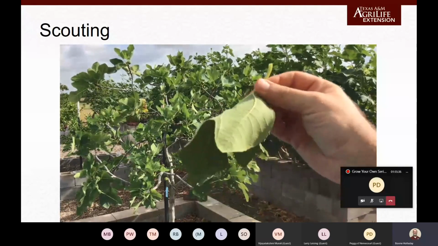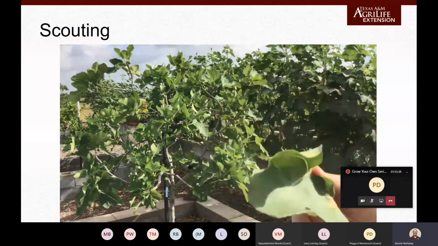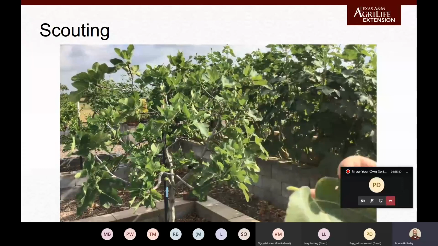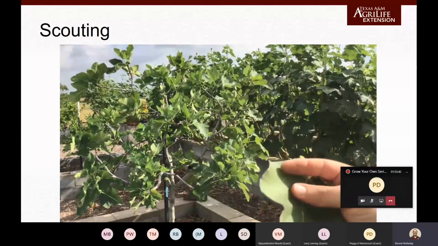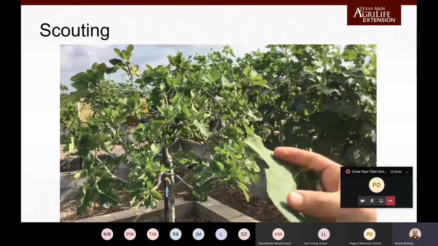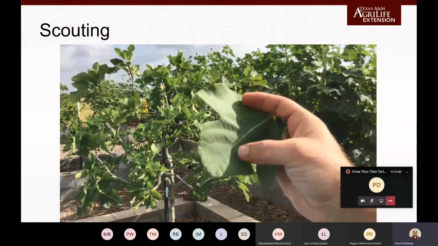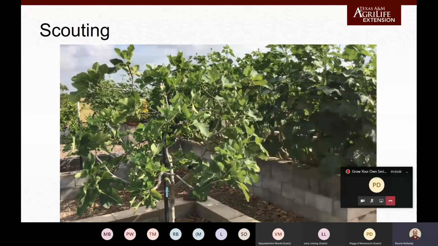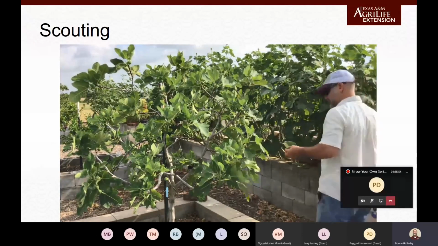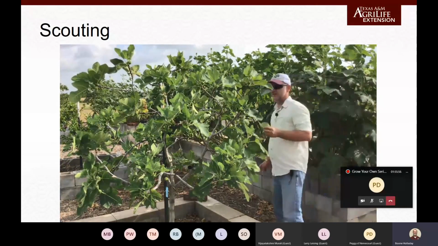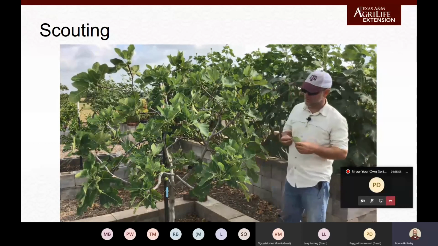Oops, there's some little rusty spots. And then on the top of the leaf, I can get that in the sunlight there. There's some little rusty colored spots.